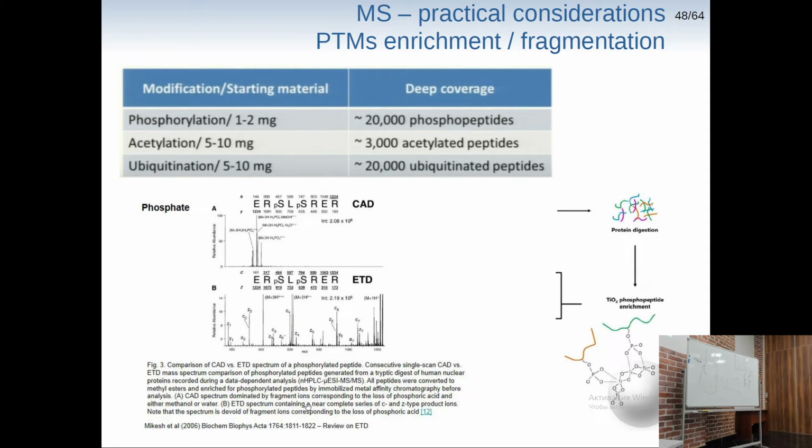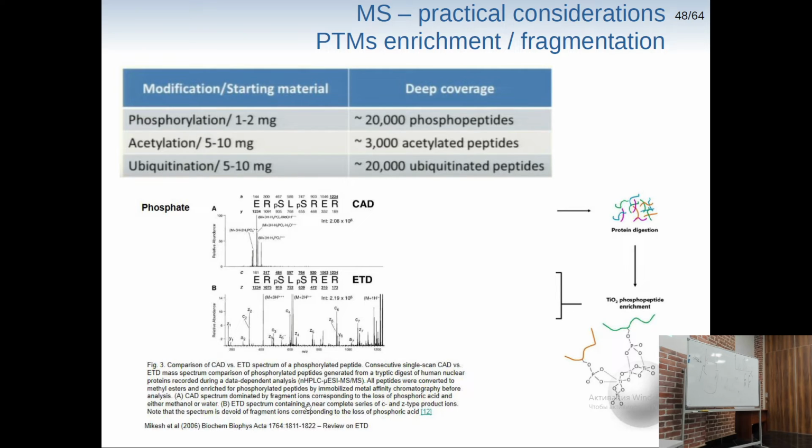Also, what can be done? We've already mentioned that there is a problem of post-translational modifications, and also a problem with the efficiency of fragmentation and of detection of those fragments, right?